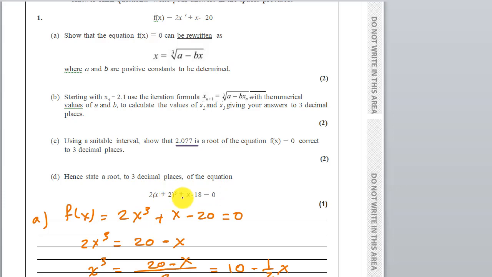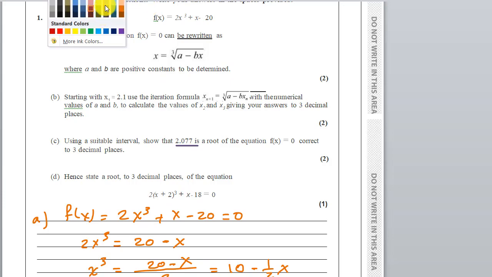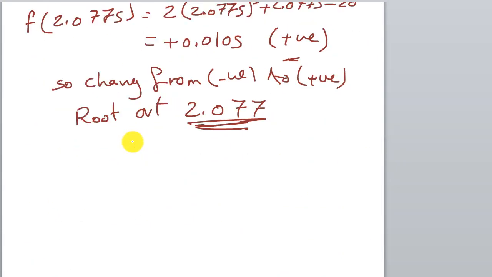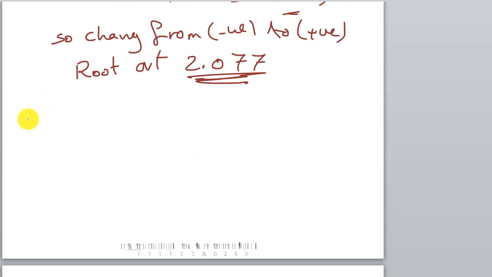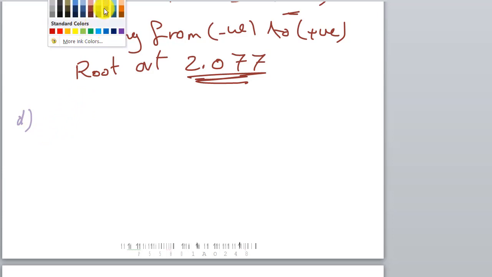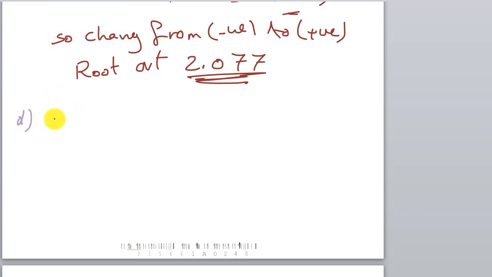Okay. Now the last part: hence state the root to 3 decimal places of the equation 2(x + 2)^3 + x - 18. So this is the last part, which is D. Now the equation is 2 multiplied by (x + 2)^3 + x - 18 equal to 0.